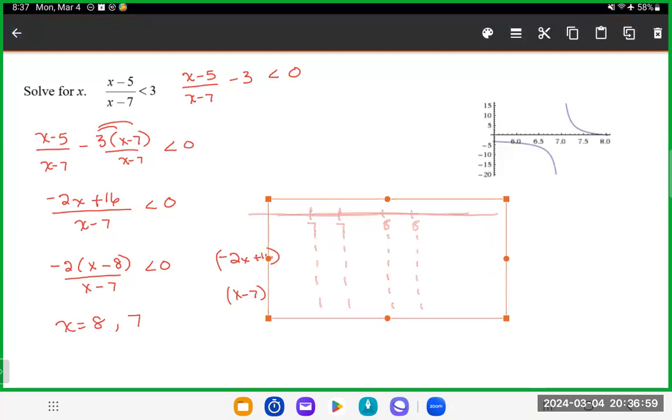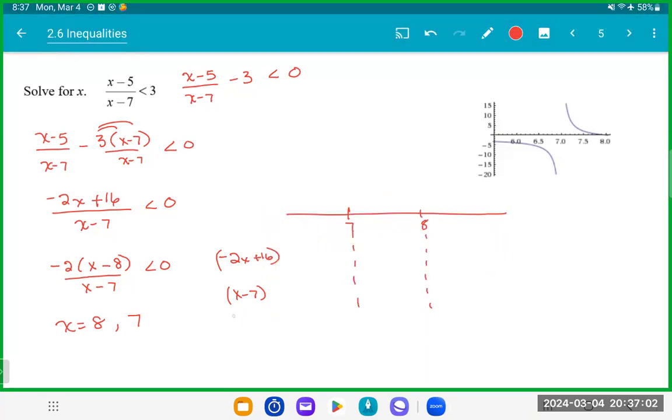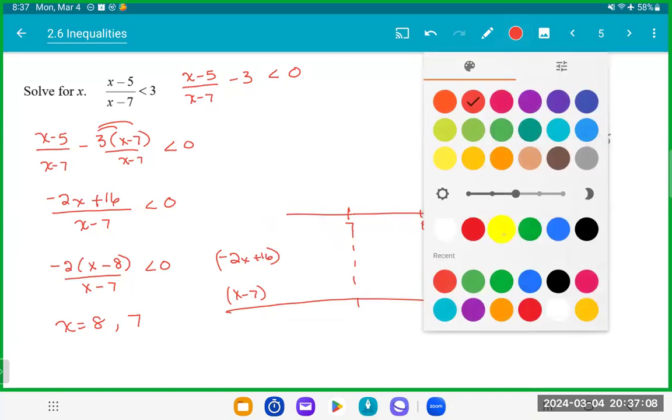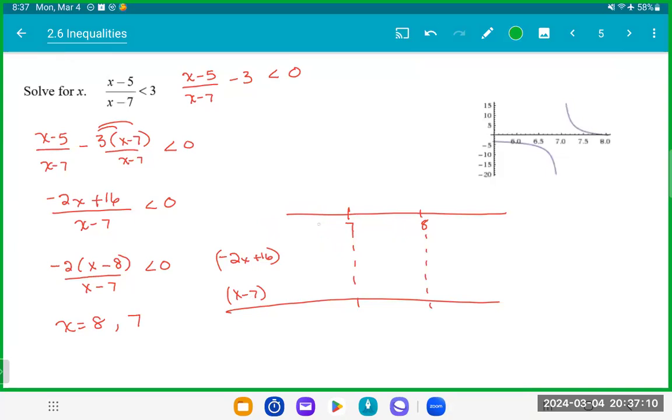I'll just scoot that over a little bit. Okay. And so our values that we have to choose, we can choose 6 over here. Actually, let's choose 0 because 0 is always the easiest. Here we could do 7.5, and here we can choose 9. Because I can't choose 7, I can't choose 8, so I have to choose something in between.